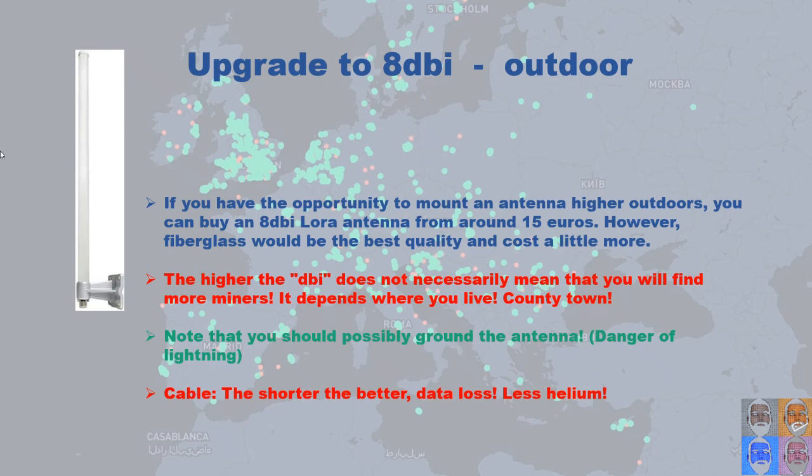Or if you're somehow higher and have a lot of villages around you, a little bit farther away, more than 1.5 miles or 1 mile, then I can recommend you buy this antenna.